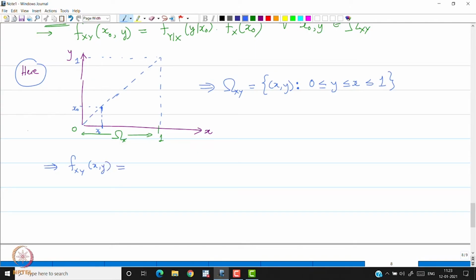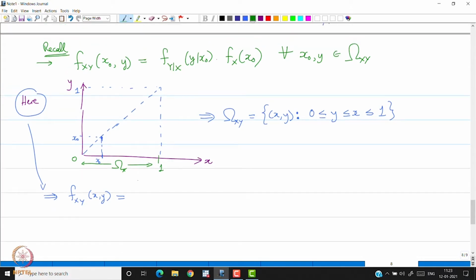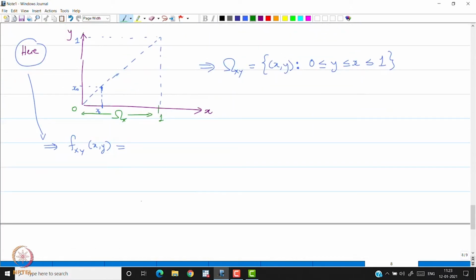In this example, f of y given x is, as we pointed out, already known to be 1 by x, that is 1 by x naught here. So this is f of y given x, and then f x is 1. Let me put x naught comma y: f xy of x naught comma y is 1 by x naught.